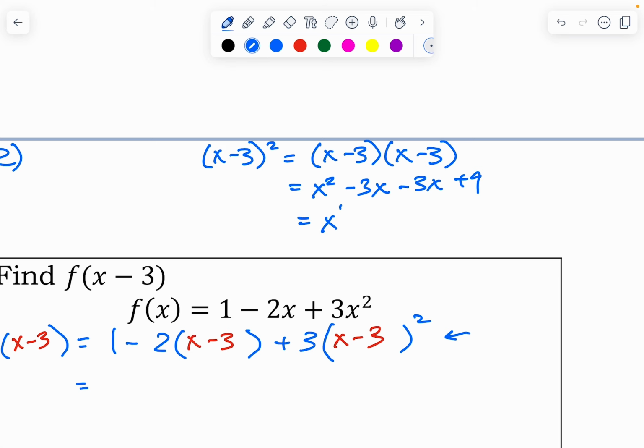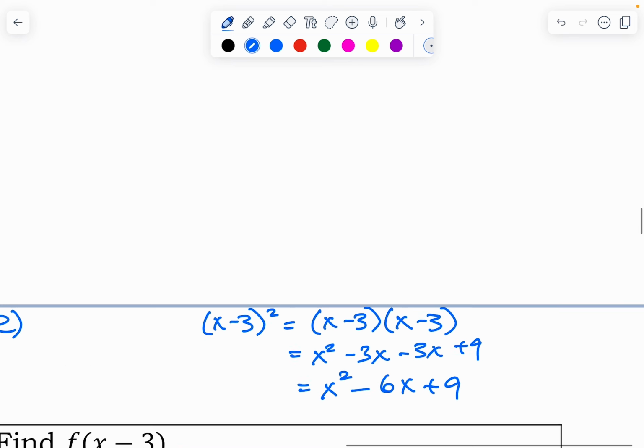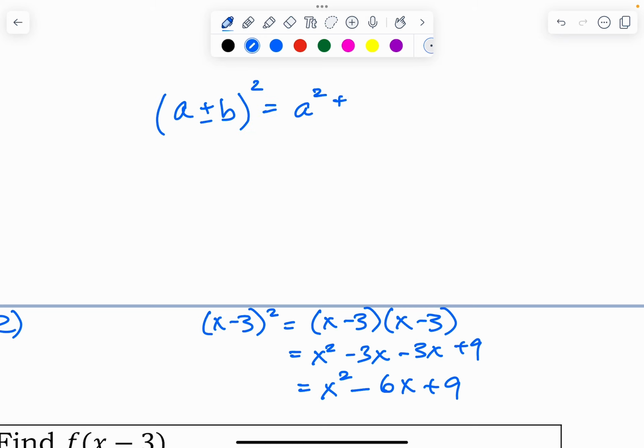And so cleaning this up, I get this. I either remember that or I have learned my rule: a plus or minus b, if I have two terms and I'm squaring it, gives me a squared plus or minus 2ab plus b squared.